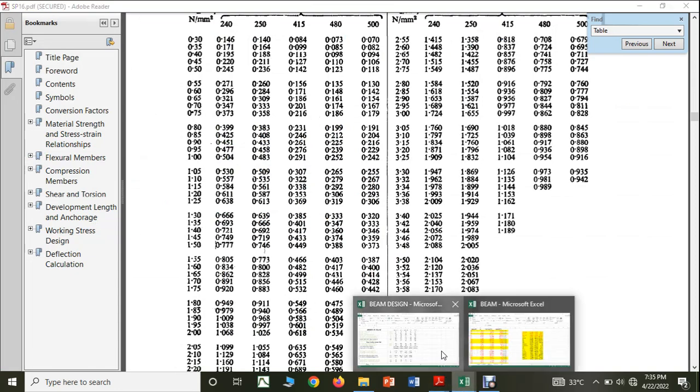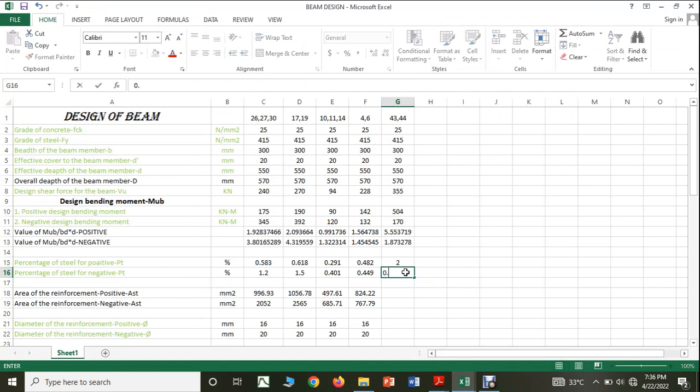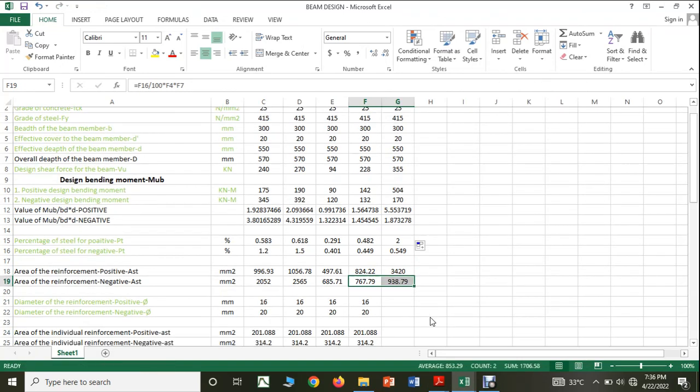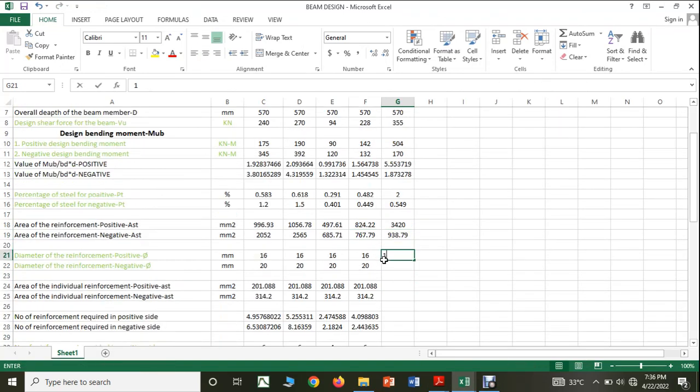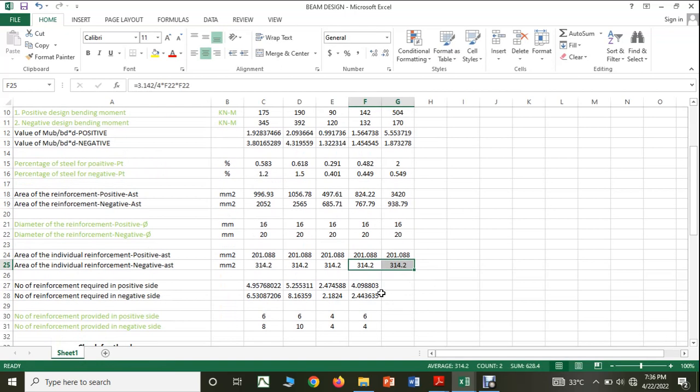Okay, it is 0.549. Therefore if I calculate, this will be the corresponding areas, and I'm giving 16 and 20 itself. If you find out the individual areas and the numbers, you can see that this is not at all possible to provide, it's very difficult.